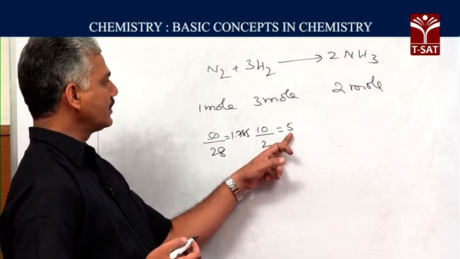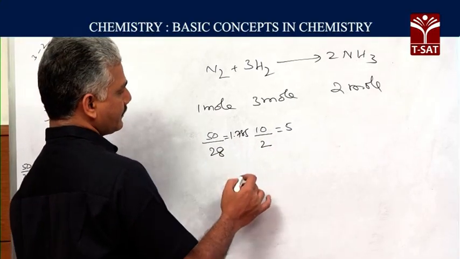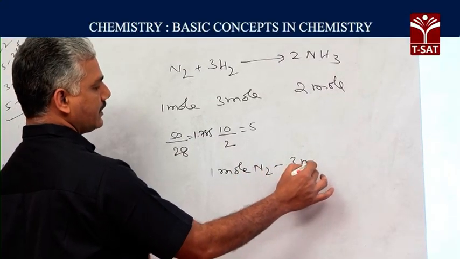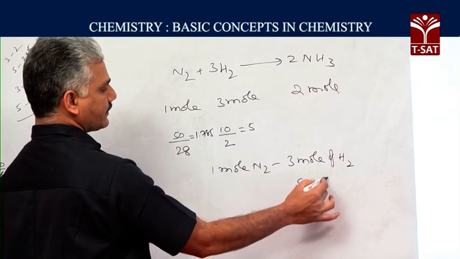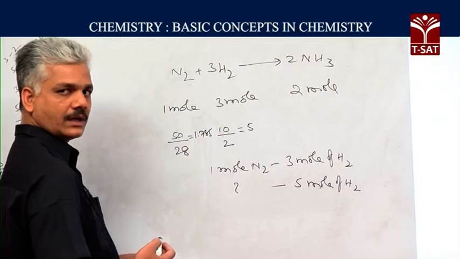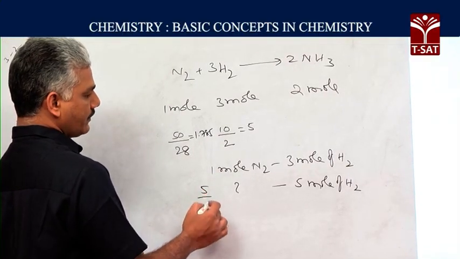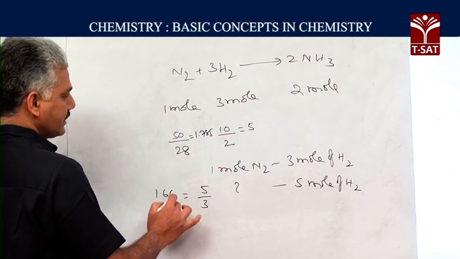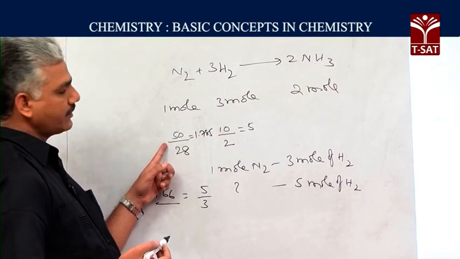Therefore, 5 moles of hydrogen can react with how much nitrogen? First we have to calculate that. That comes out to 5 by 3, that is 1.66 moles. So, that much nitrogen is available.